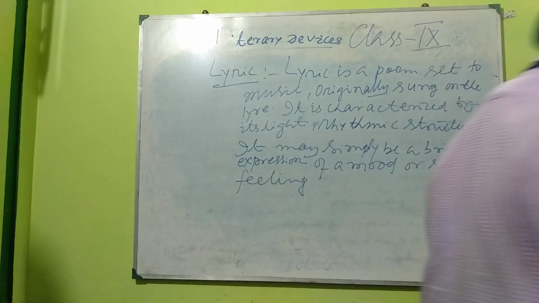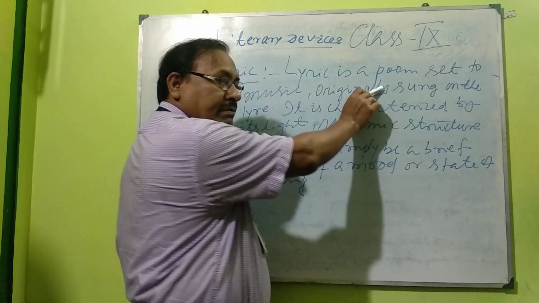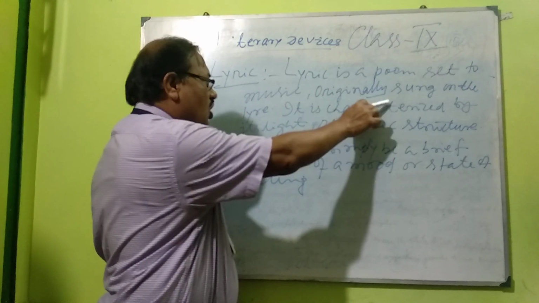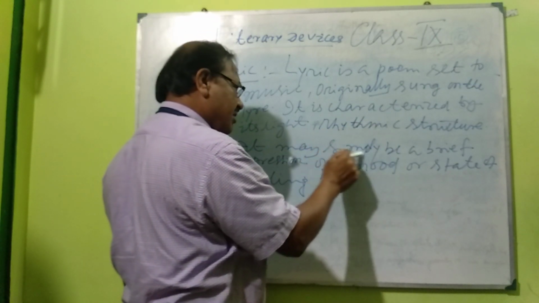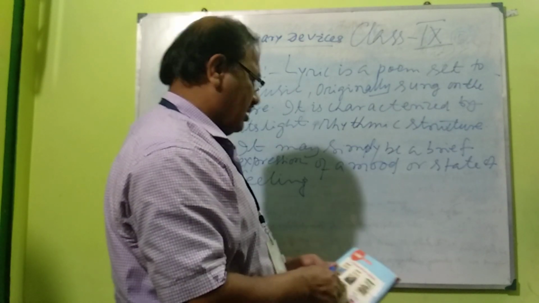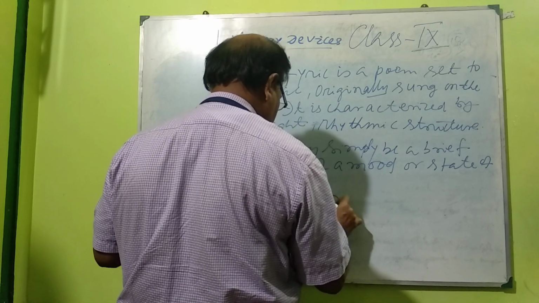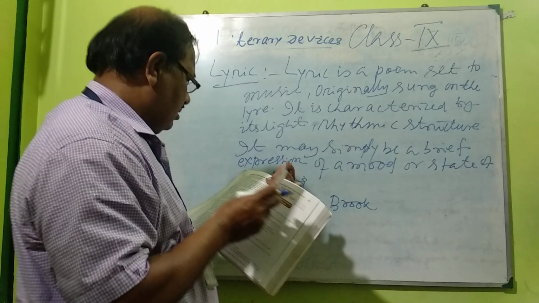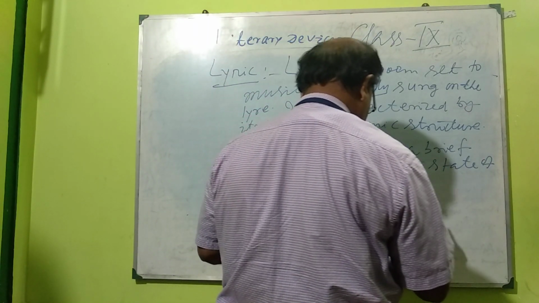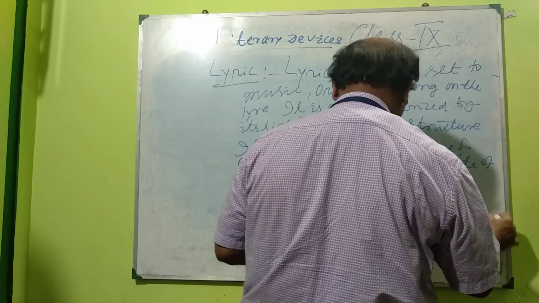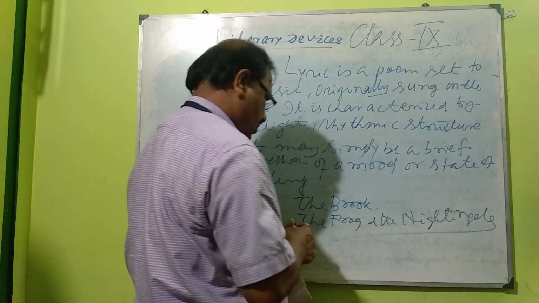See, look at the board. This is last. Lyric is a poem set to music, originally sung on the lyre. It is characterized by its light, rhythmic structure. It may simply be a brief expression of a mood or state of a feeling. You can take the example of a lyric, The Brook, written by Lord Alfred Tennyson, then The Frog and the Nightingale, or William Wordsworth's Daffodils.